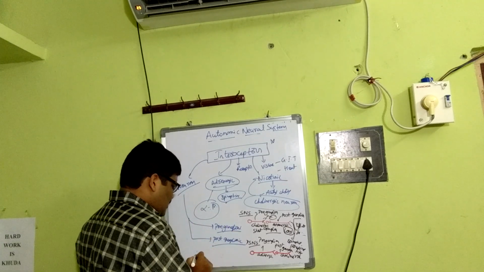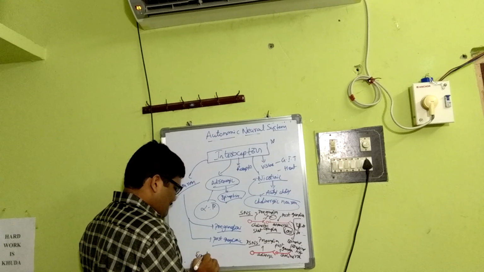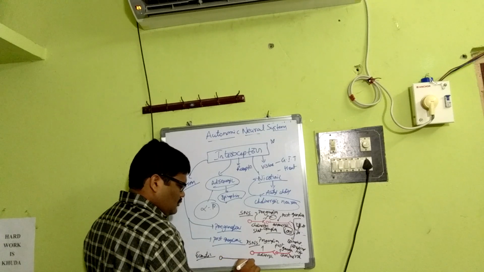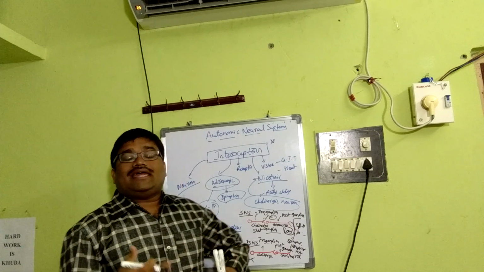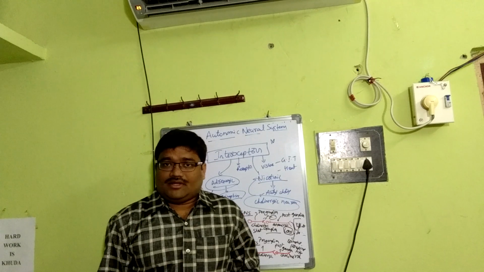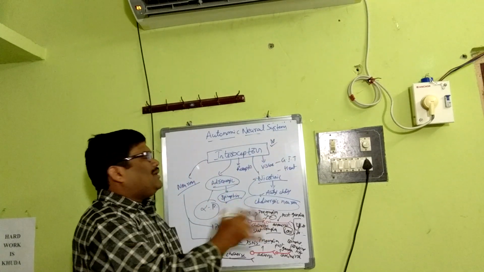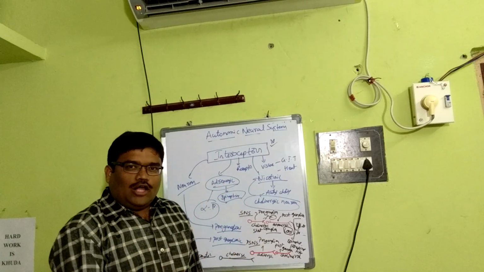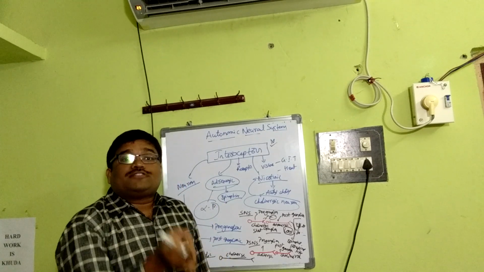In the case of motor neurons, that means the somatic system, this is cholinergic, that means it also releases acetylcholine as a neurotransmitter. So for differentiation, I will now discuss the common things in the autonomic nervous system, both sympathetic and parasympathetic: the preganglions and postganglions. In the sympathetic nervous system, the preganglions are short.